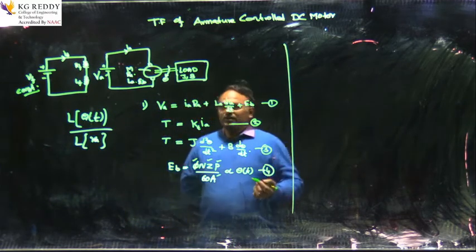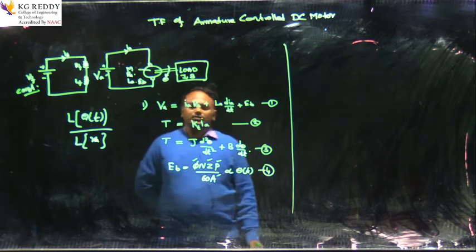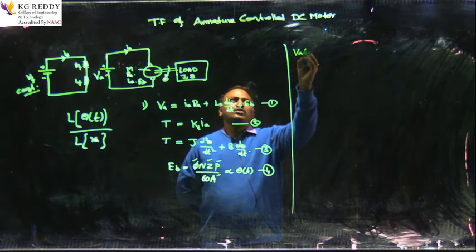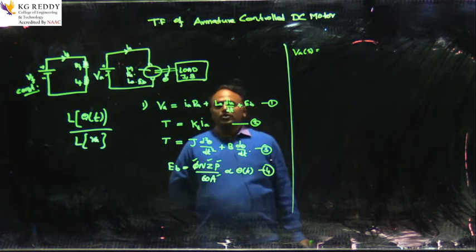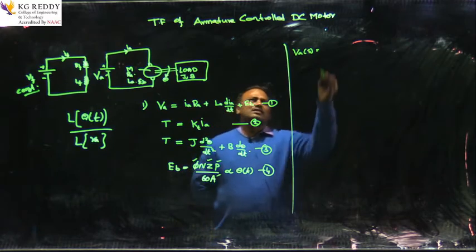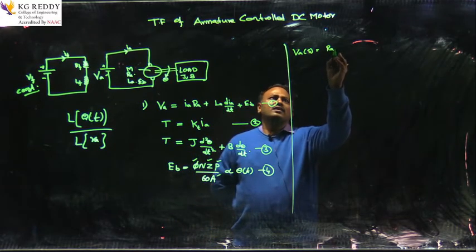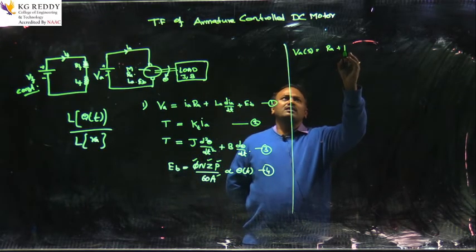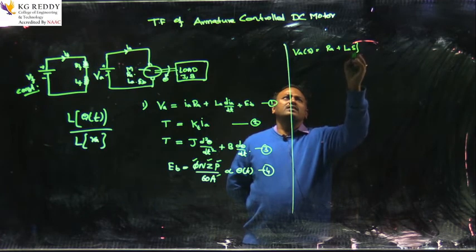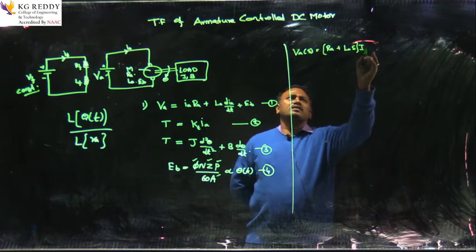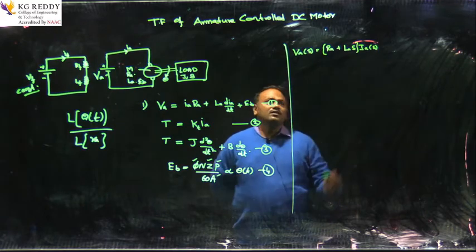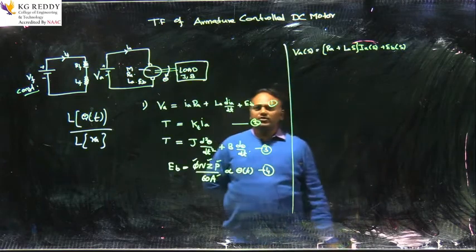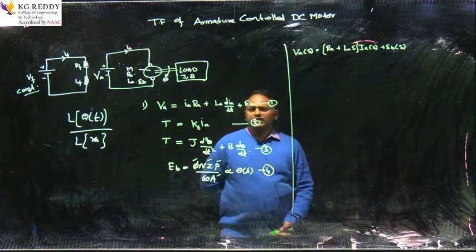So, when we apply Laplace transformation, equation number 1 will be converted as V of S is equal to, taking I of S common, R A plus L A into S, into I of S, plus E B of S. That is how equation number 1 converts into S domain.